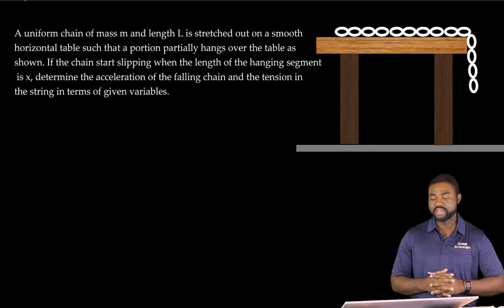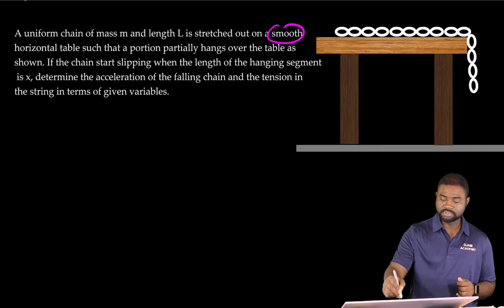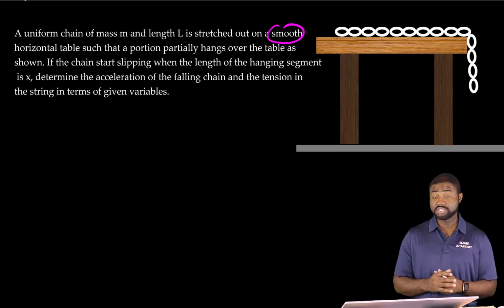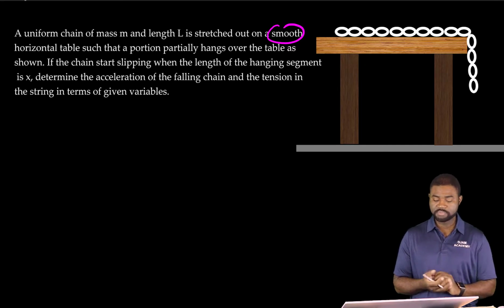In this problem we have a uniform chain of mass m and length L stretched out on a smooth horizontal table. The table is smooth, that means there is no friction between the chain and the tabletop, such that a portion partially hangs over the table as shown.